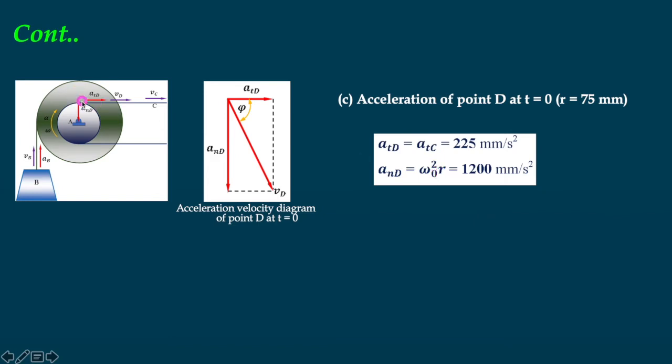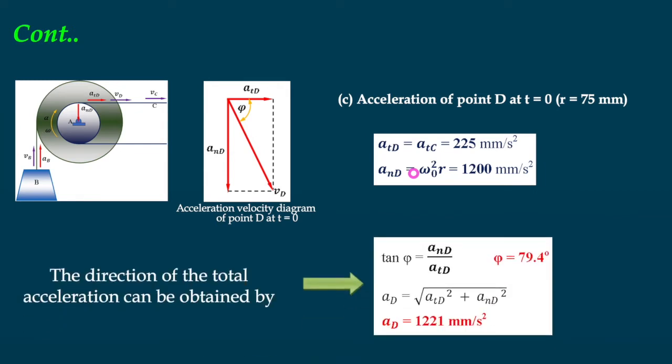Here r means, for the D point, 75, so substitute 75 and omega 0. We have calculated the omega 0 value, substitute here, and we are getting this. Now we are getting both the values ATD and AND.